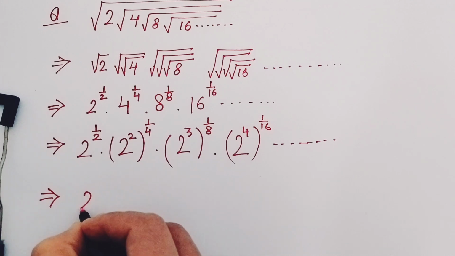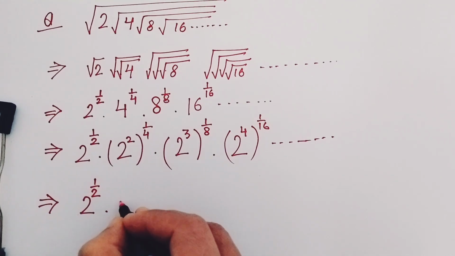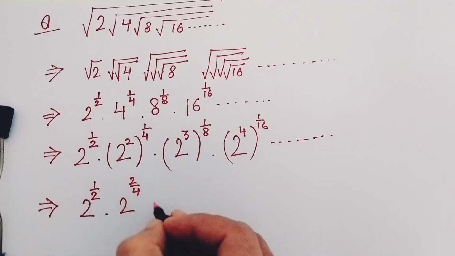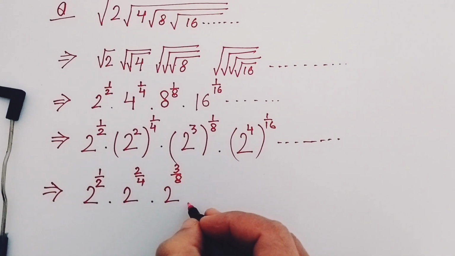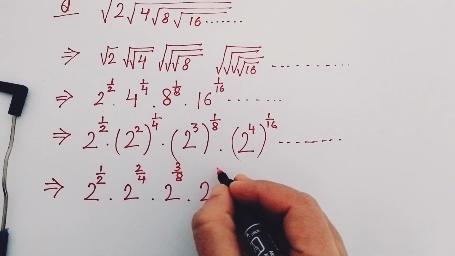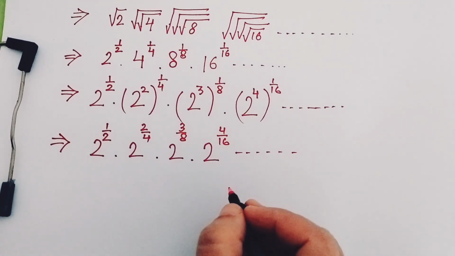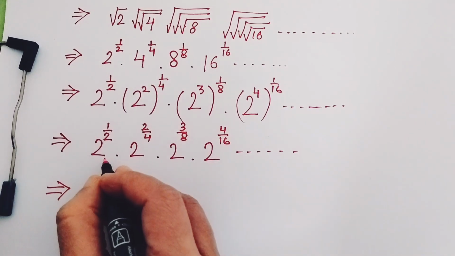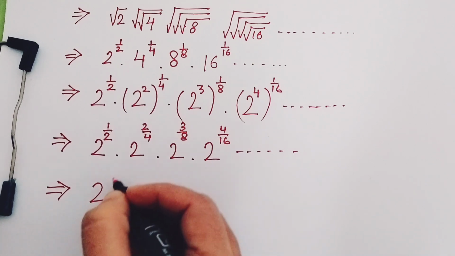So this is 2 raised to power 1 by 2 into 2 raised to power 2 by 4, 2 raised to power 3 by 8, 2 raised to power 4 by 16 up to so on. Now we can add the powers when we have 2 raised to power like this, so we can add the powers.